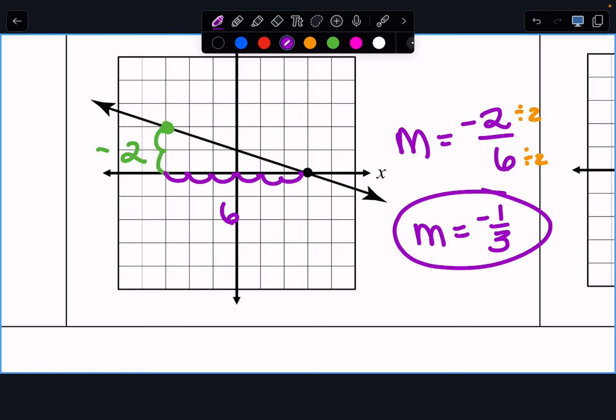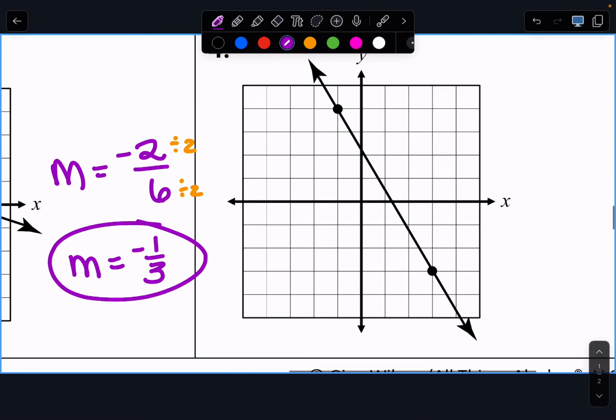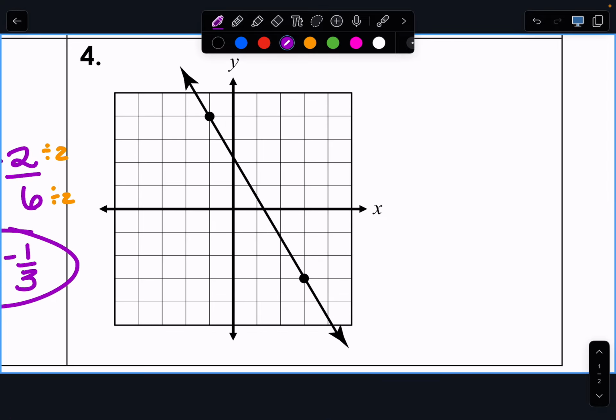Okay. I want you to find me the slope of number 4, please.